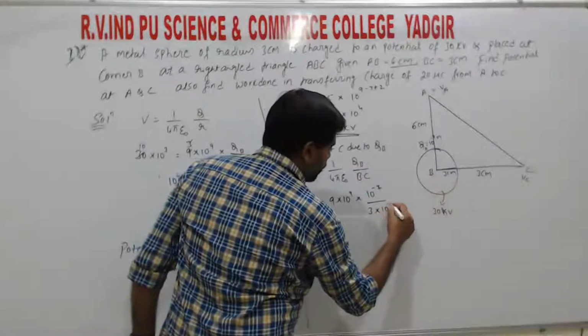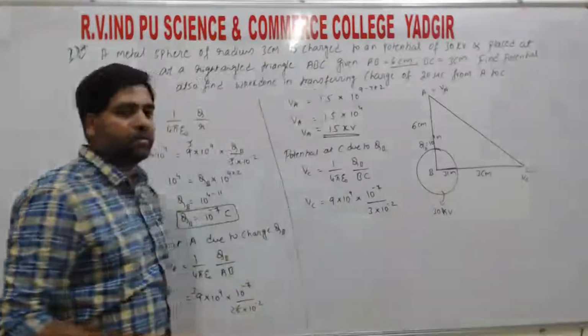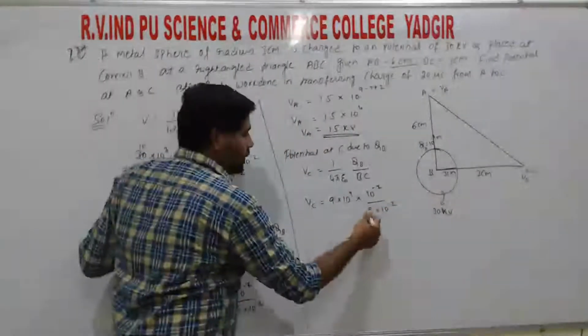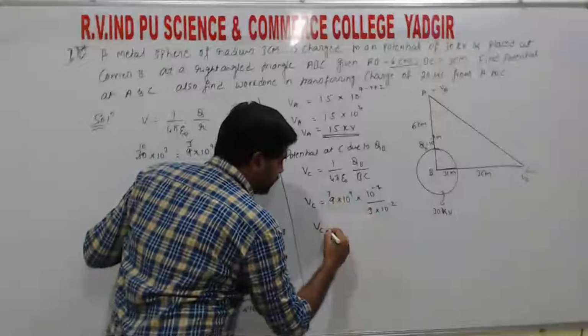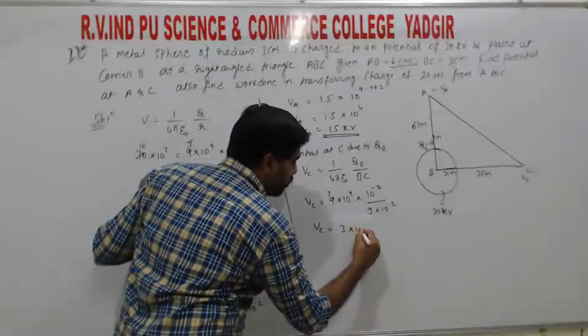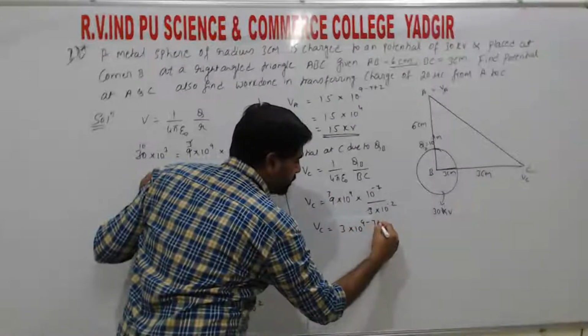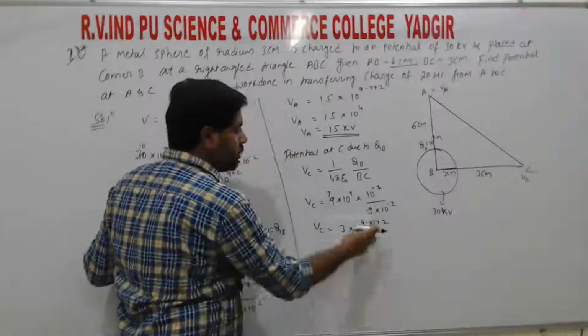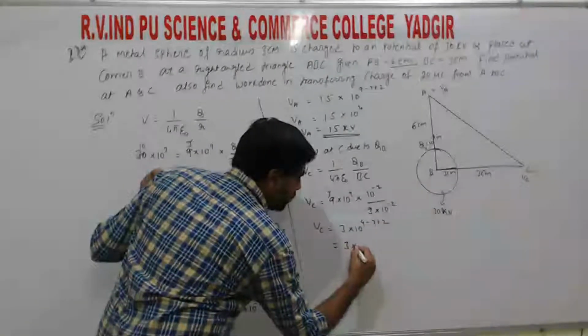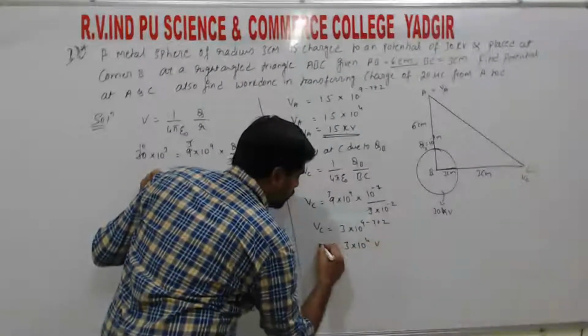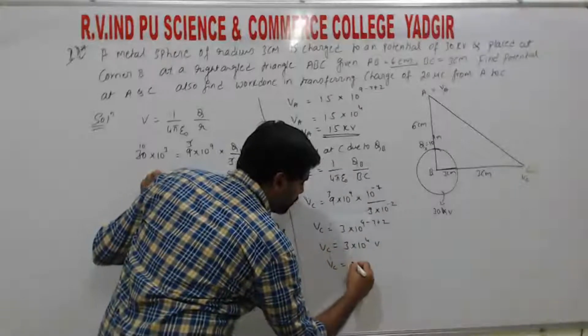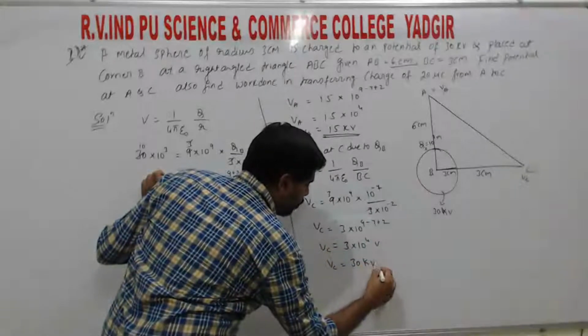That is 3 into 10 to the power of minus 2 meter, right? So here 3's are 9. So VC is equal to 3 into 10 to the power of 9 minus 7 plus 2, right? So again we get 3 into 10 to the power of 4 volt. So VC is equal to 30 kilovolt.